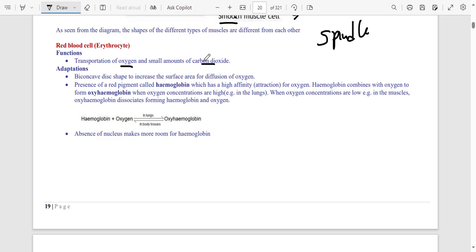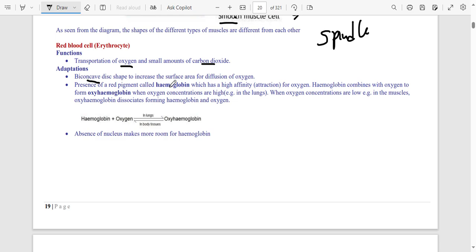Now, why is it that red blood cells are adapted to transporting oxygen and carbon dioxide? One thing is that they have got a biconcave shape, and this biconcave shape is going to make them big enough for diffusion of oxygen. So it increases the surface area for oxygen to diffuse.